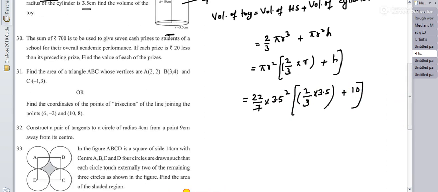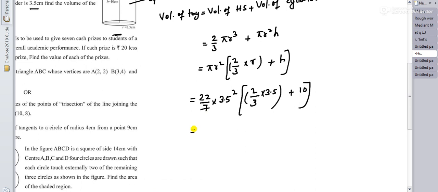Now on solving this, see how to solve. 22 by 7 into 3.5 into 3.5 you can write like this. And here, 3.5 into 2 is 7, correct? 3.5 into 2 is 7 by 3 plus 10.